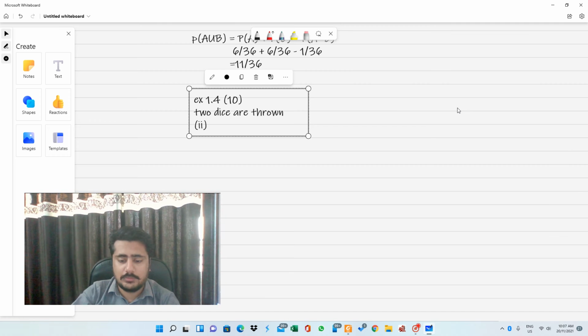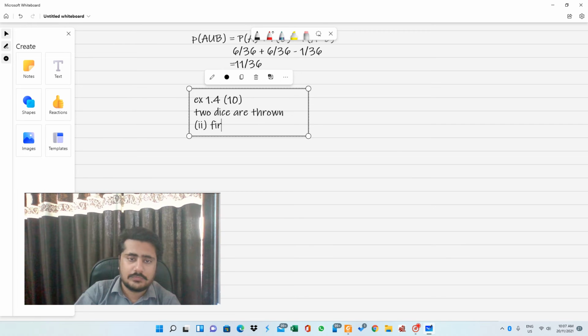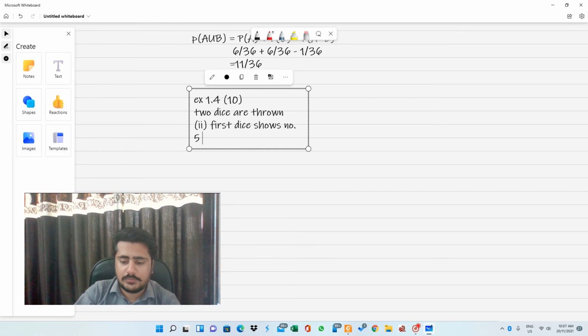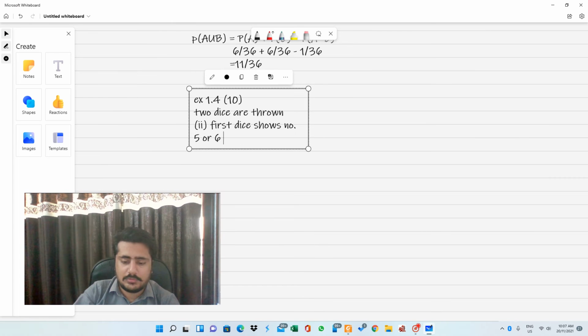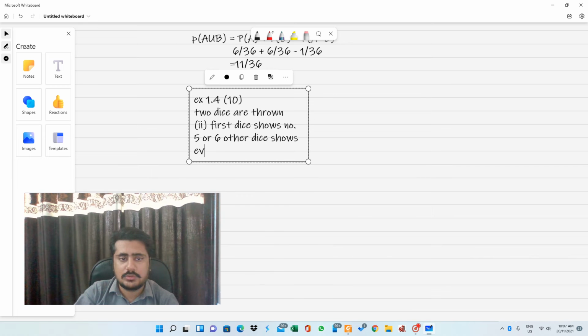First die shows number 5 or 6, and the other die shows even number.